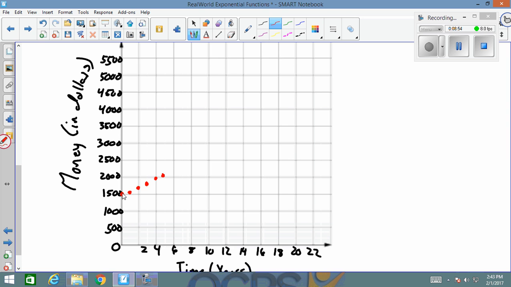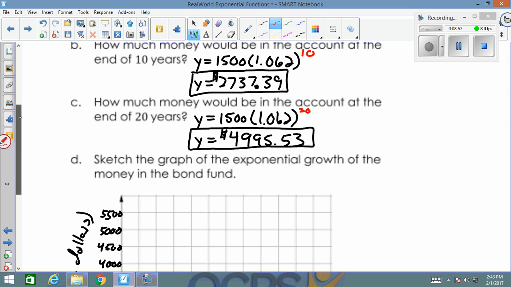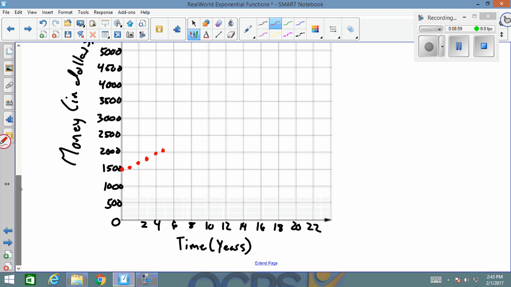Then we also have these points up here, which is 10, 2,737, and then 20, 4,995. Almost up there. So you can see it's going to start to curve up like that. So there's my exponential growth function.